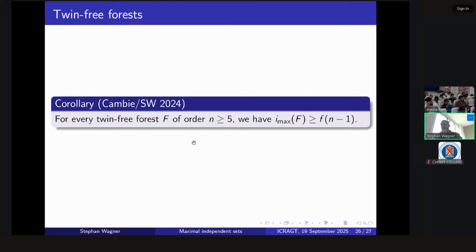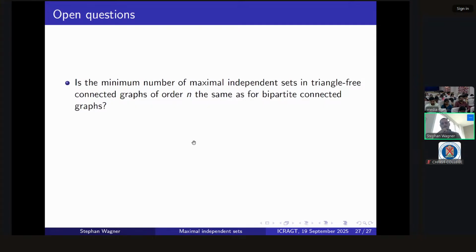Let me conclude with some open questions, and then you will of course also have the opportunity to ask some questions if there are any. I already mentioned the conjecture that we had, stating that the lower bound we got for twin-free bipartite graphs might extend to twin-free triangle-free graphs.